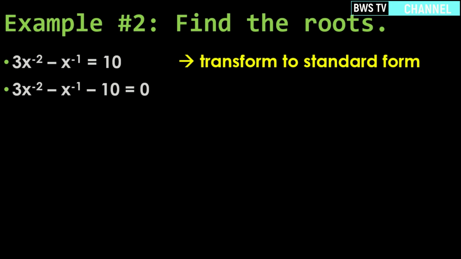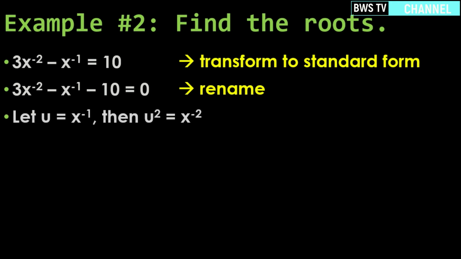After we have the standard form, then proceed to renaming. So renaming, same thing what I did in example number 1. Letter u equals x to the power of negative 1. Then u squared is equal to x raised to the power of negative 2.